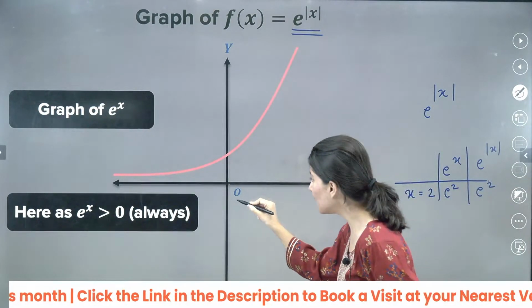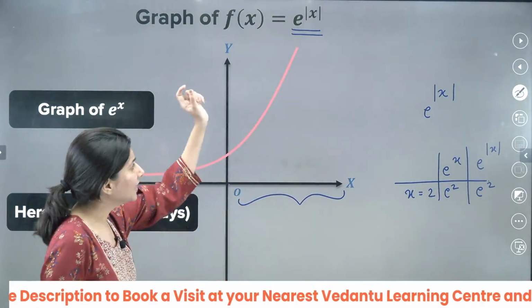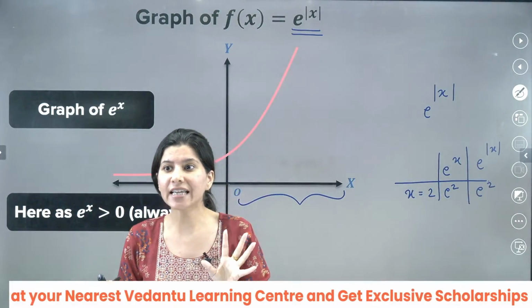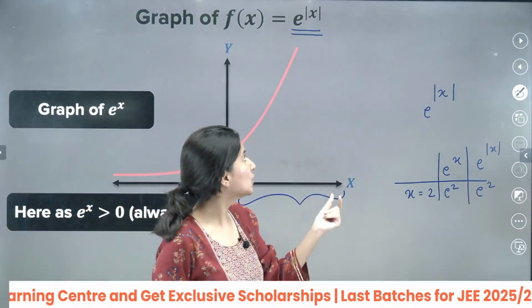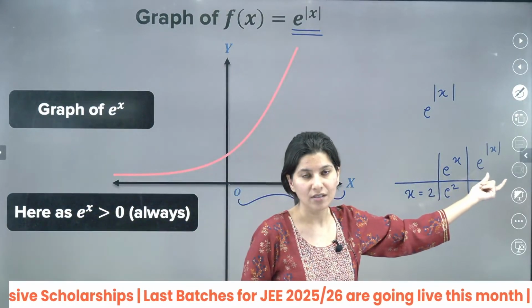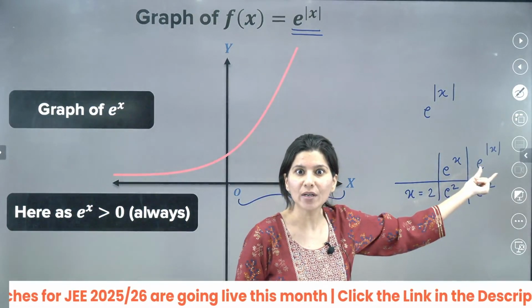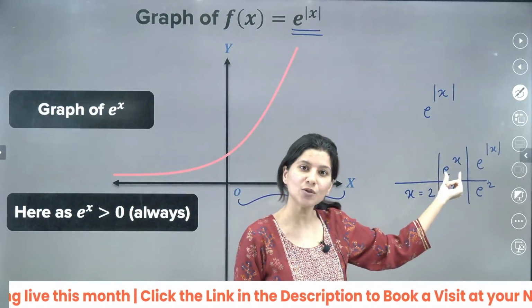Whenever you put positive quantities, whether in e raised to power x or e raised to power mod x, are they giving the same values, yes or no? If I put x equals 1 in both, both become e raised to power 1. If I put x equals 2, same.